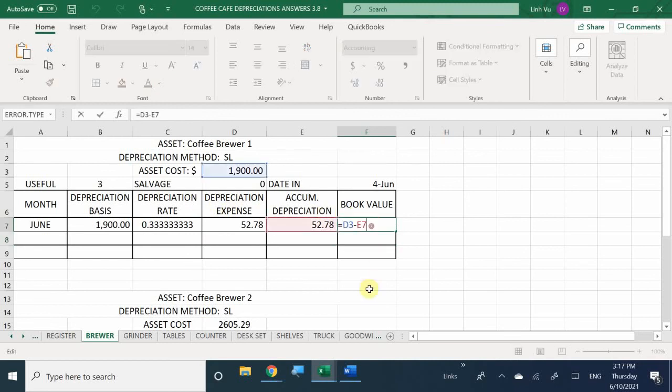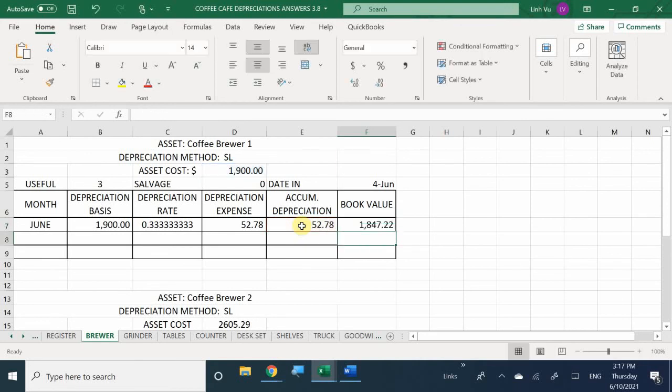We took the asset cost of 1900 and subtracted out the accumulated depreciation. Because you used $52 worth of it already, your book value should reflect as 1847.22 in your books. Okay?